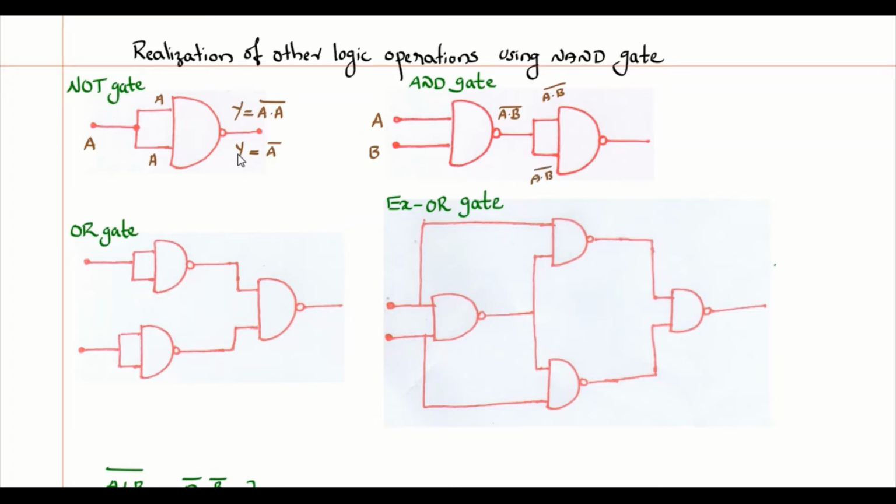The inputs are A dot B complement and A dot B complement. So from the knowledge of the NAND gate, the output will be A dot B complement dot A dot B complement whole complement.